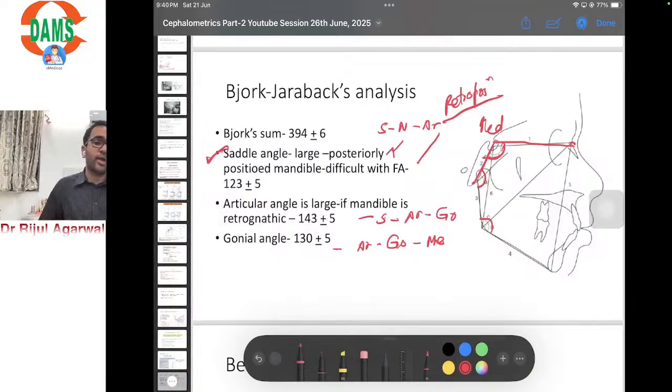Next comes the articular angle. Now this articular angle is between, as I said, sella articulare and gonion. If this is large, that means the mandible is retrognathic.